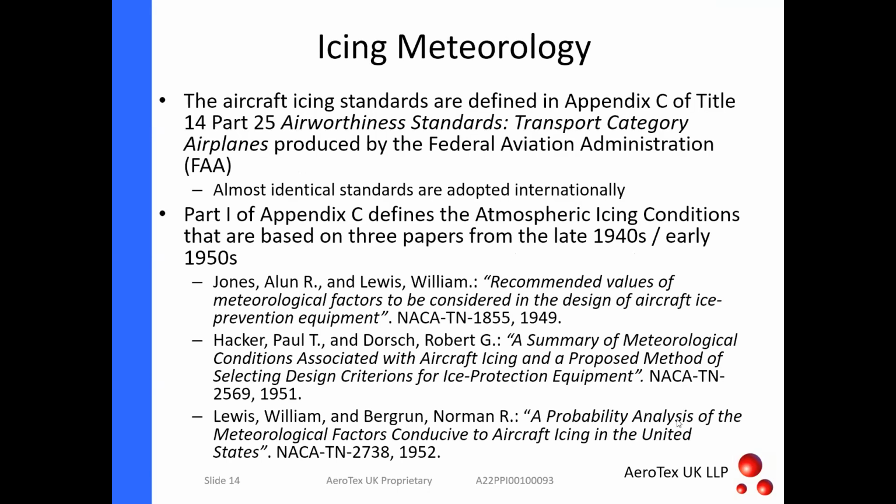So on the icing metrology, there's the airworthiness standards, and Appendix C is the key part for the icing community, which defines the atmosphere that you've got to clear for. This is in the FAA regulations, but there are common rules for EASA in Europe, and I guess it's now CAA in Europe have adopted the same rules.